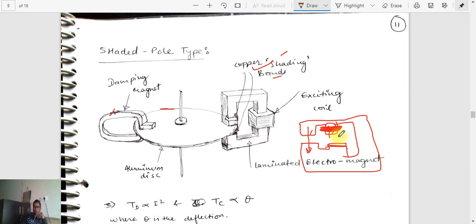The flux is generated in this laminated electromagnet by the exciting coil which is placed here. The copper band is here also. This is not visible, but this is the spindle, which moves in this direction.